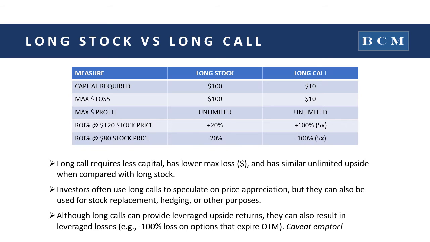But still, it can be an attractive proposition and can make a lot of sense. For example, let's say we really like Amazon stock and we are very confident that it's going to move up near term. Now, in order to buy 100 shares of Amazon, currently we would need something like 250,000 US dollars.